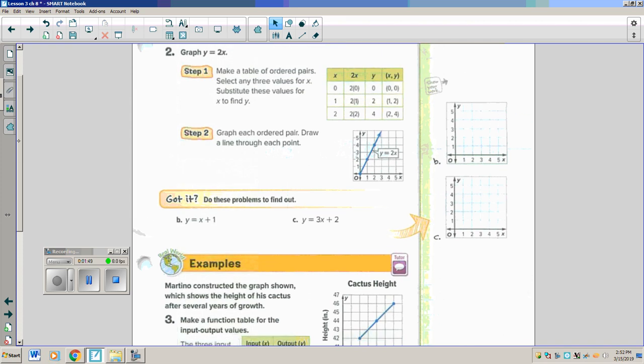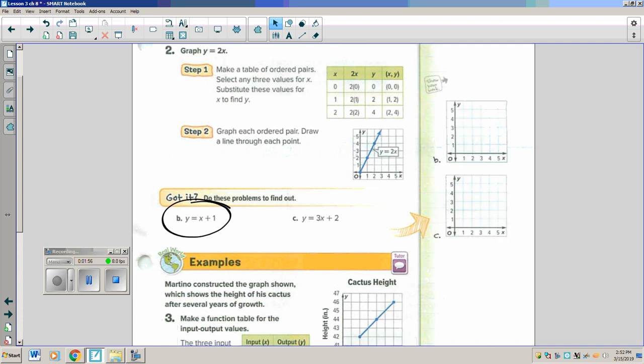We are going to graph y equals x plus 1. Okay, you can do it. Make a table, x, y. They give us the rule. Y is, we're going to add 1 to x. We get to choose the values for x. I'm going to choose 0, 1, 2, and 3.